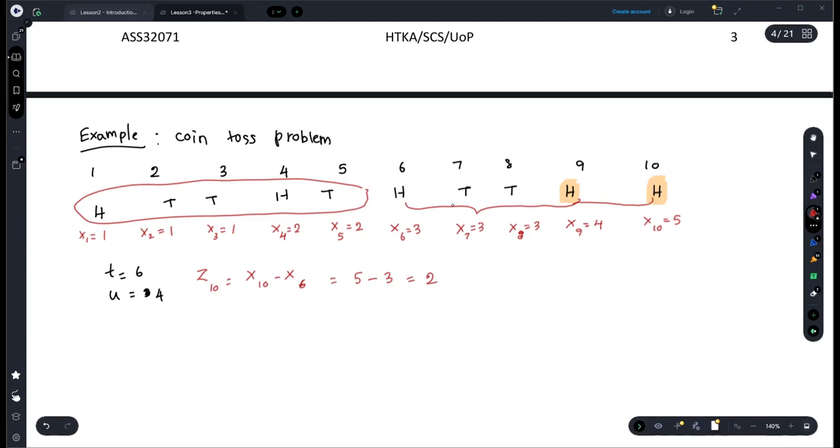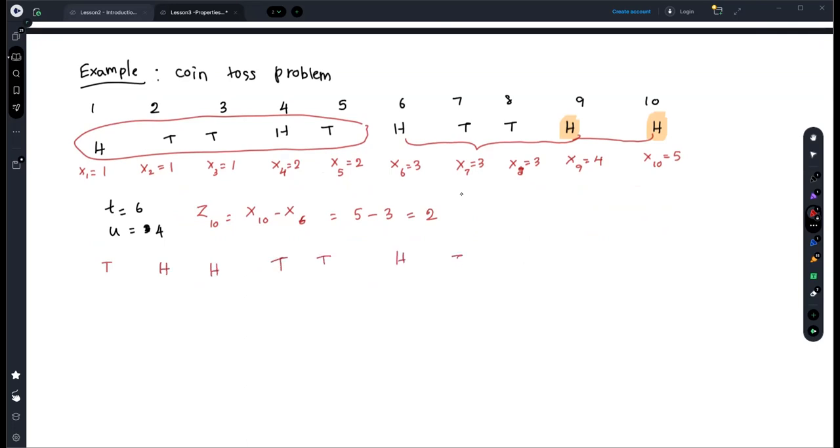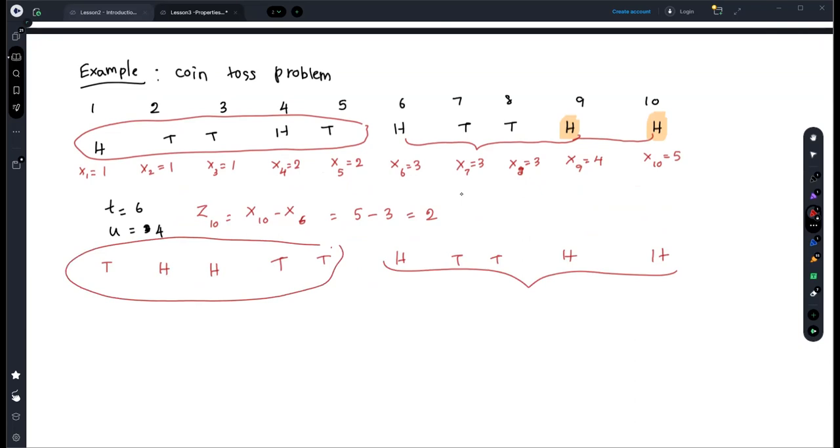You may have another one like this, T, H, H, T, T, and then you have the rest. This is still the same, but now the pattern has changed, and still you have 2 heads and 3 tails, so X6 equals 3 and X10 equals 5, right? Even though this one has changed, you still have 2 H values and 3 T values.